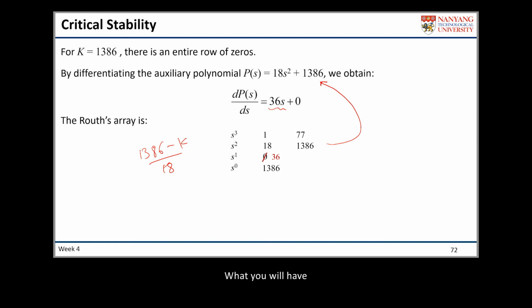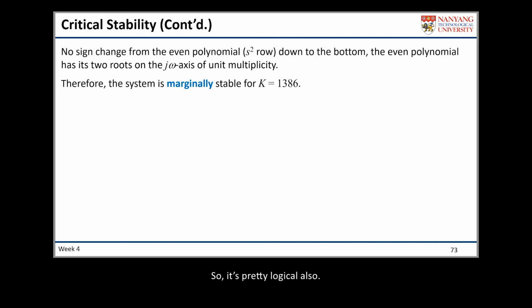What you will have here, because all elements on the first column have the same sign, is that your system is marginally stable. So it's pretty logical also. At the border of the limit of stability, your system is marginally stable. When your K is less than 1386, your system is stable.